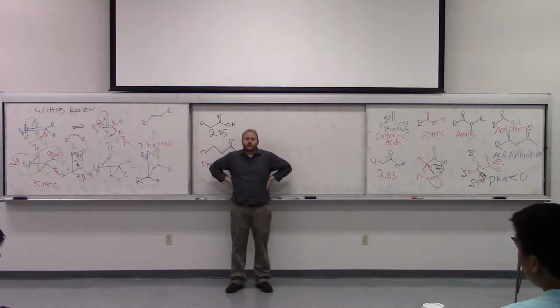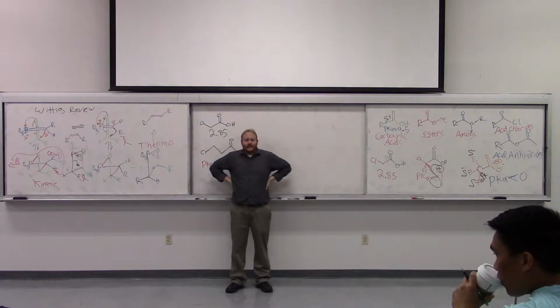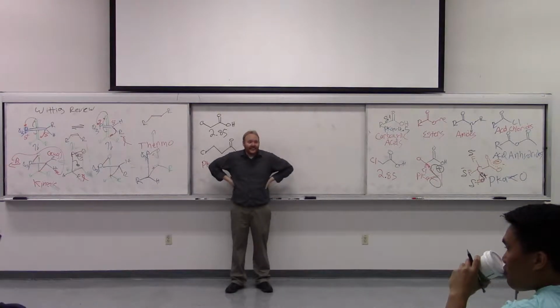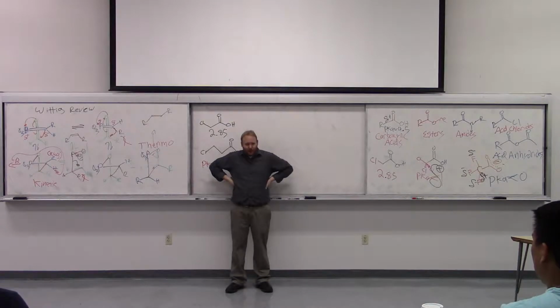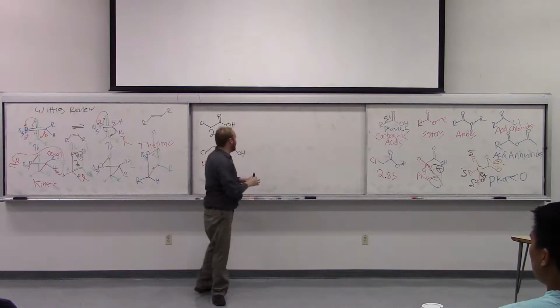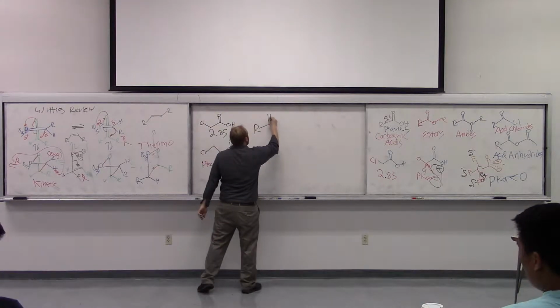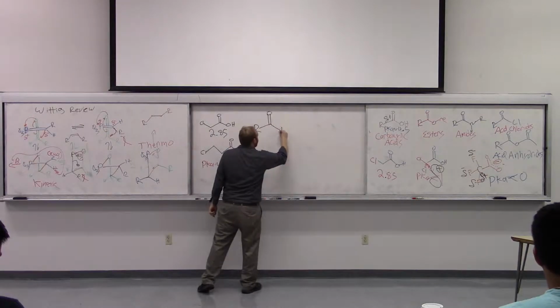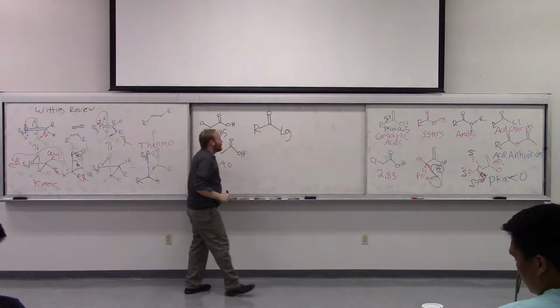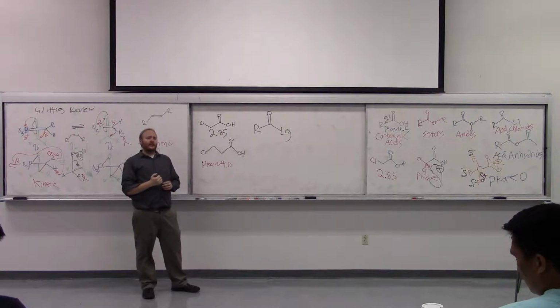I'm probably going to show you 20 different reactions in this chapter. And in my opinion, mechanistically, they're all really similar. And they're all going to be of this vein. We're going to take a carbonyl with a leaving group.